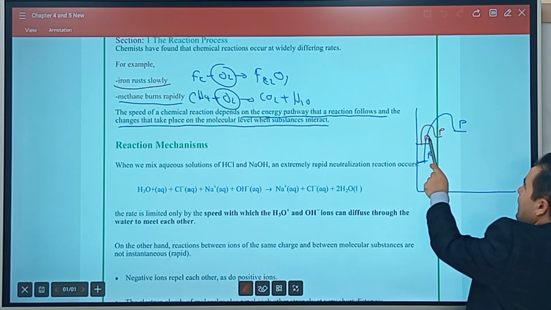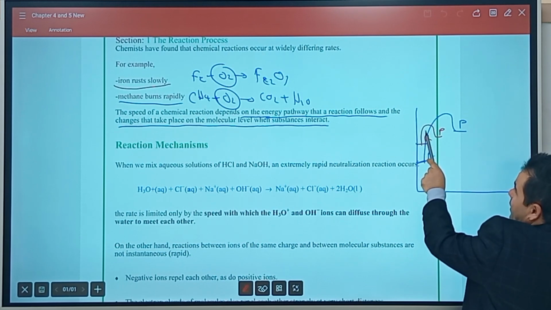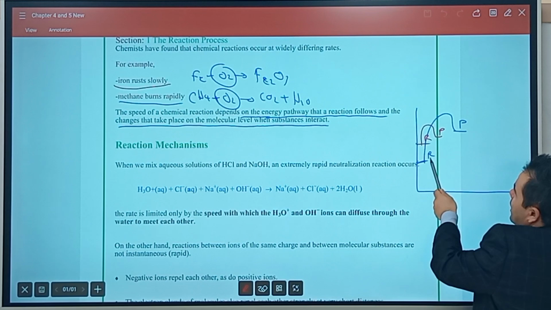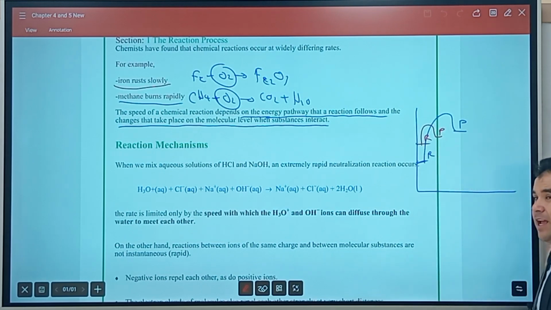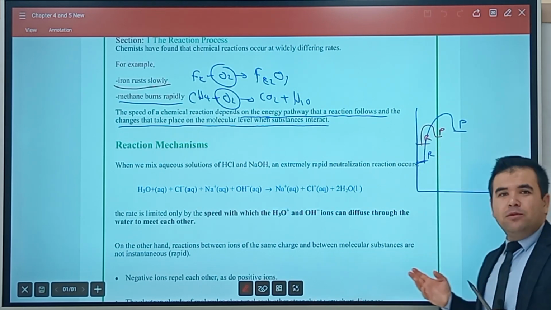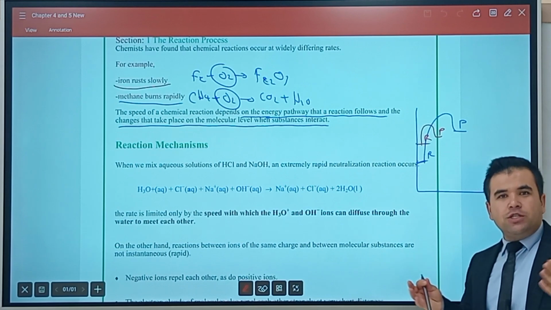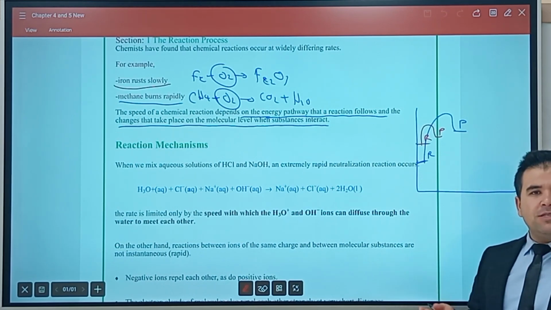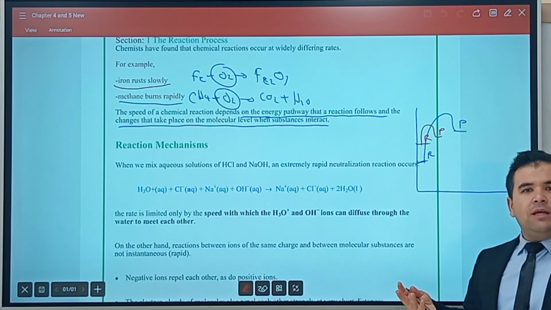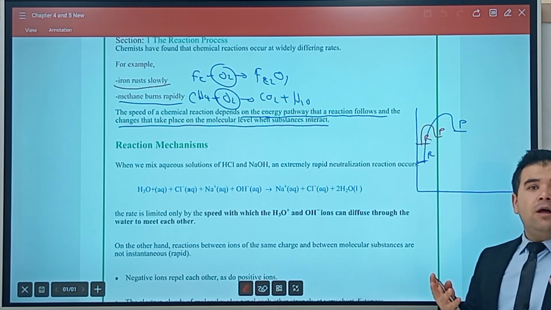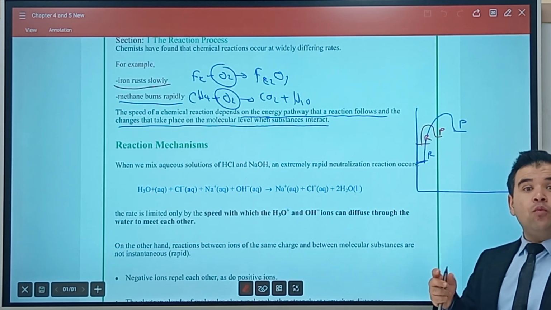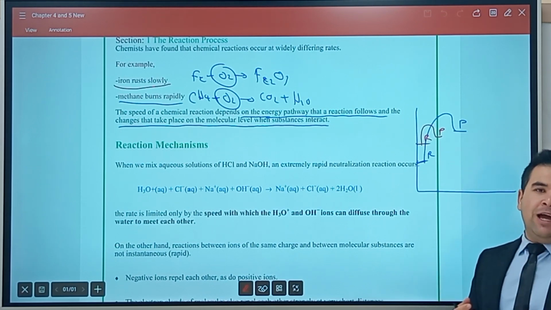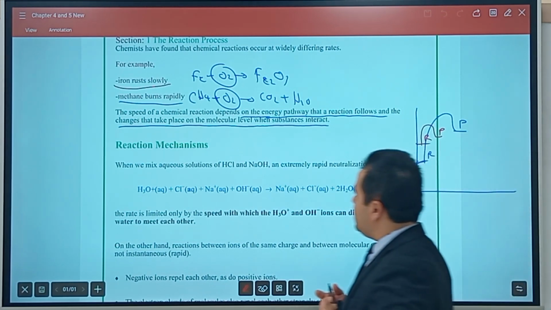This is the first factor that influences the speed of the reaction, the path of the reaction. The second is the changes that happen during this path, the changes in the system: the temperature, pressure, and volume of the system change. These factors influence the speed, the rate of the reaction, changing during the reaction.